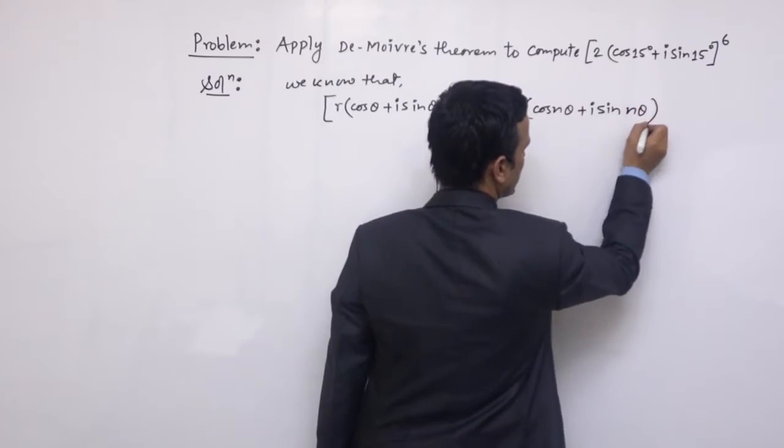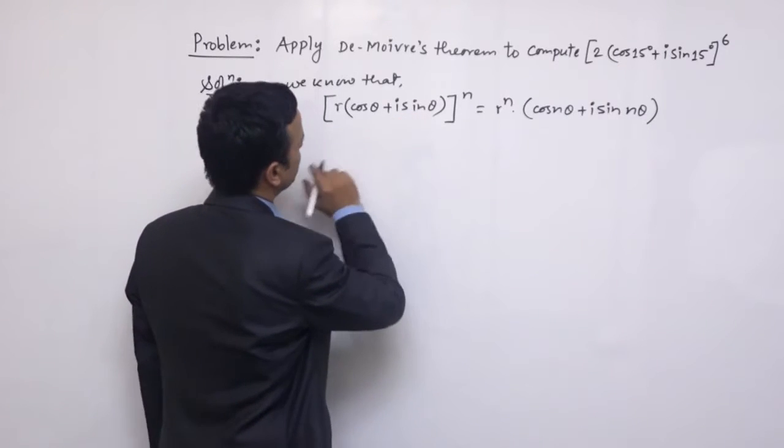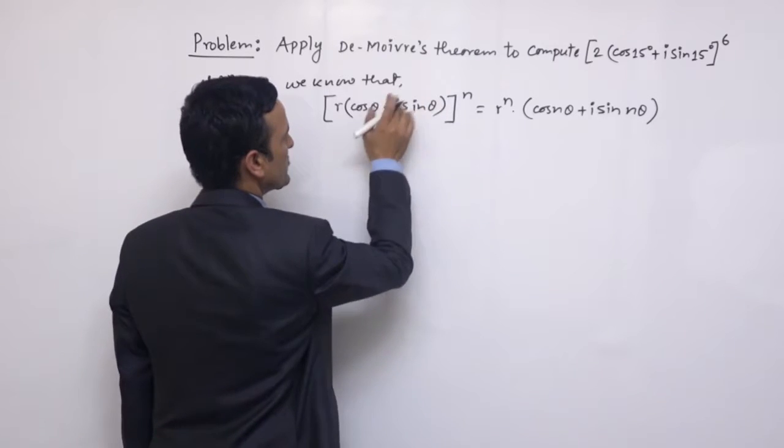So n times this angle. So this is de Moivre's theorem. We know that from de Moivre's.